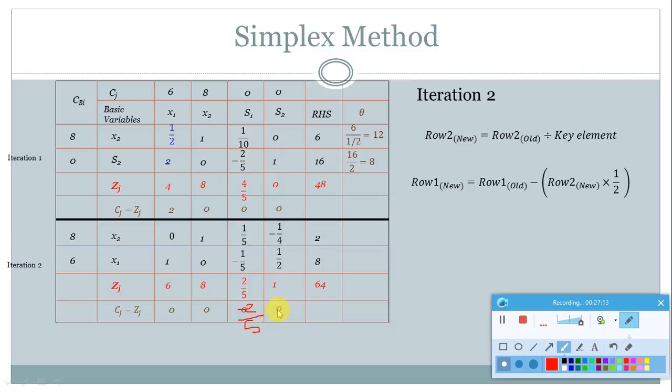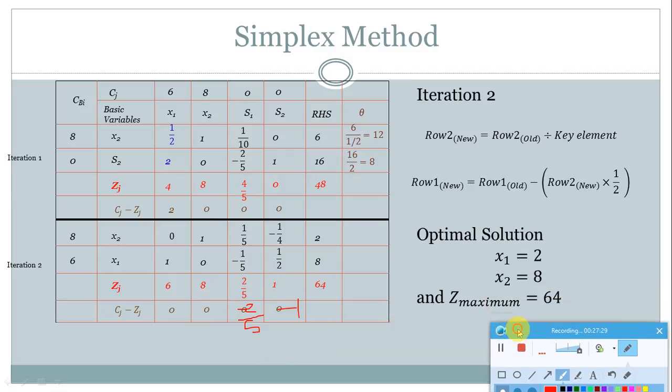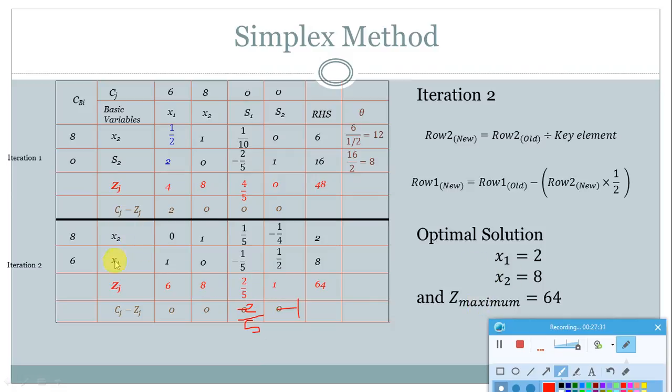Here all the values of Cj minus Zj are either 0 or minus. So that means the optimality is reached, and the solution is x1 equal to 8, x2 equal to 2, and Z maximum is 64.